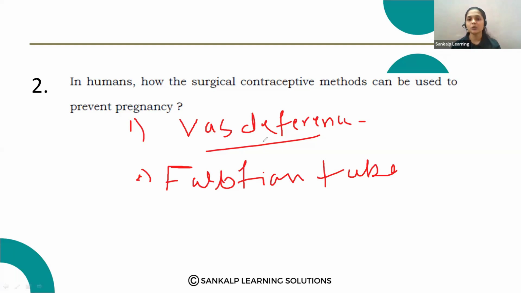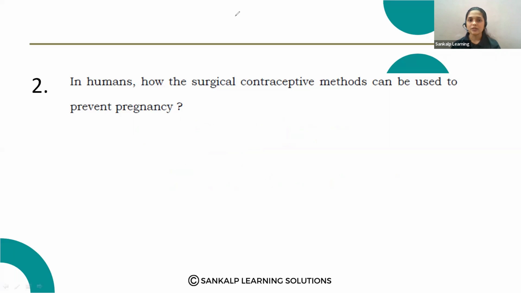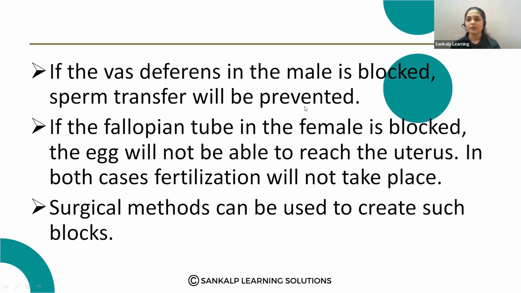So these are the two surgical contraceptive methods: when the vas deferens is blocked, and the other type is when the fallopian tube is blocked. These are the two surgical methods used to prevent pregnancy.